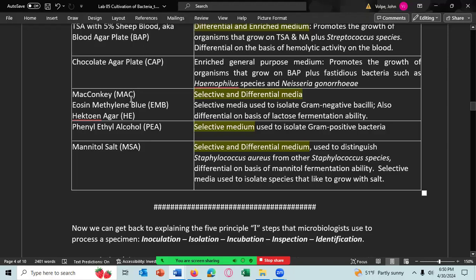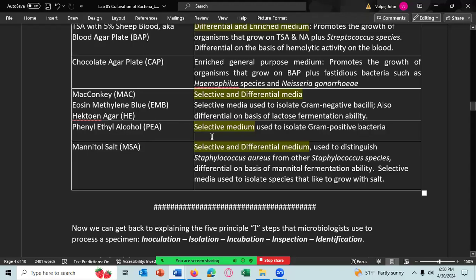McConkey's is one I remember. If the bacteria can ferment the sugar lactose, it'll be a purple or pinkish purple color, and it'll be its normal color if it cannot ferment the sugar lactose. Then we have phenyl ethyl alcohol, PEA. This is a selective media.